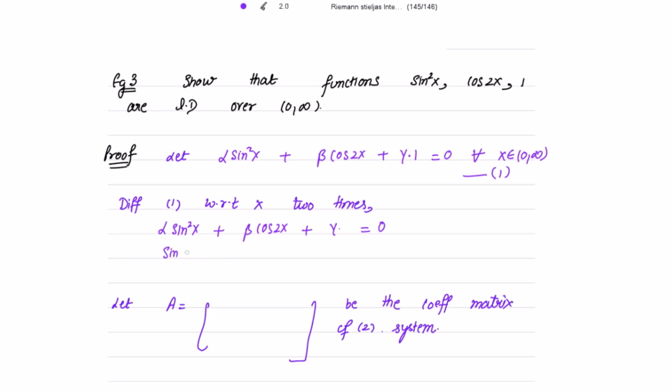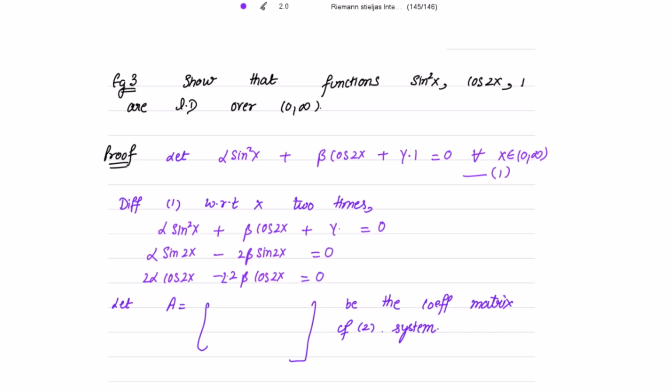So I'm writing it as alpha sin 2x minus 2 beta sin 2x, this is 0. Again differentiating, this is 2 alpha cos 2x minus 4 beta cos 2x, equal to 0.